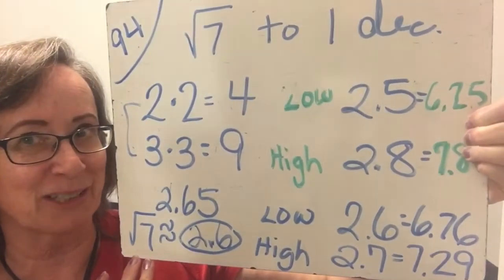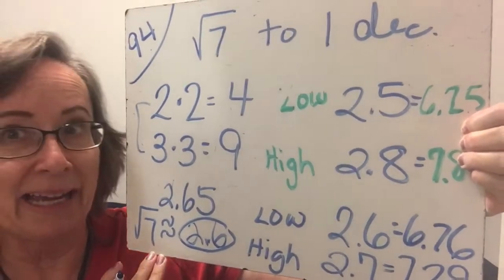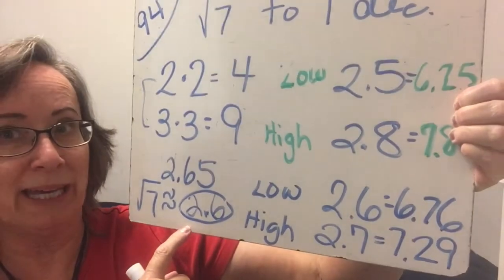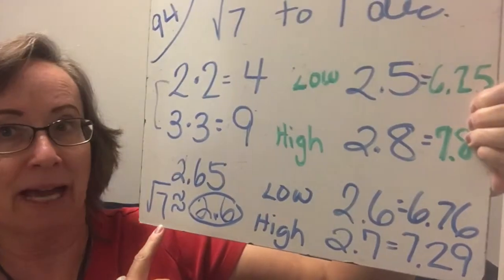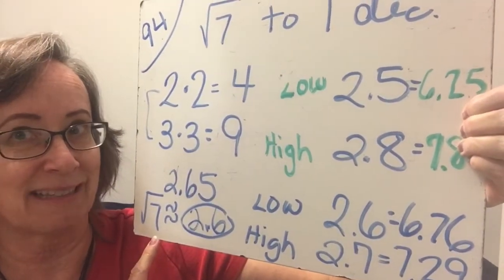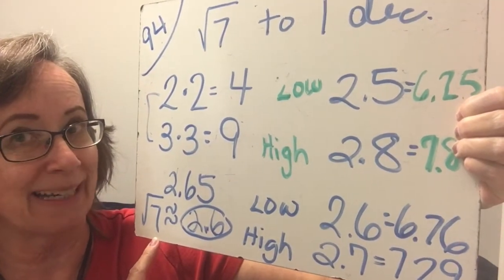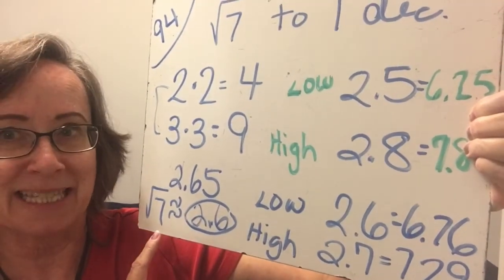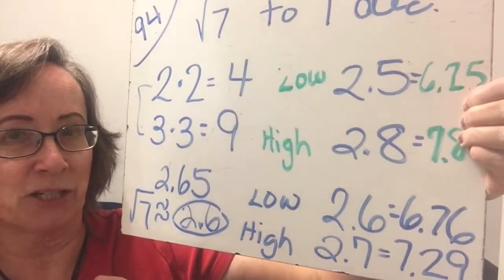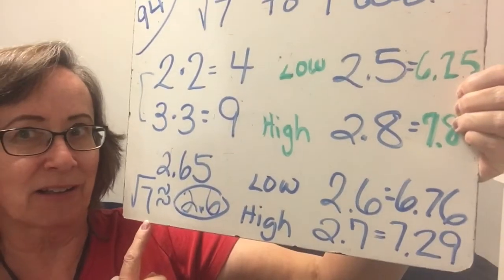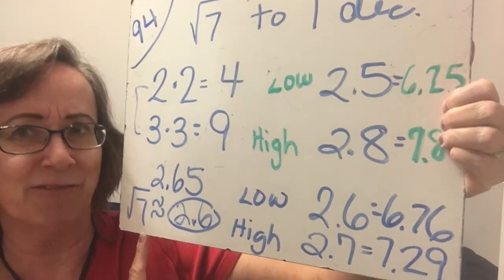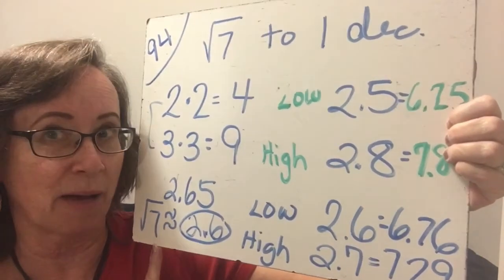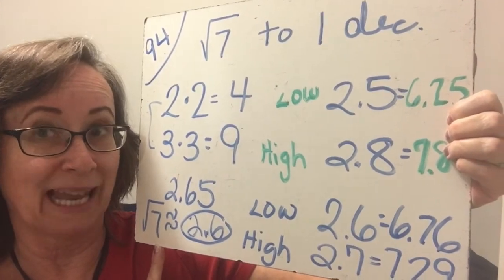As you get older and higher in your math, we find that we cannot write anything exact when we have the square root of 7, because 7 does not come out exactly. We always have to say approximation, because this is called an irrational number, and it goes on and on forever and never stops. Wow, like pi.